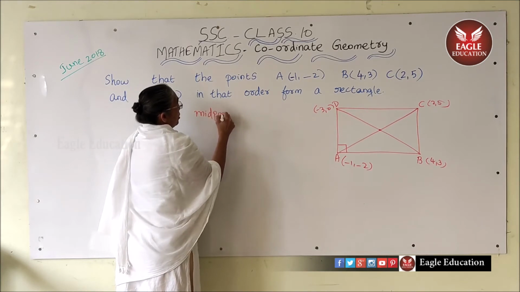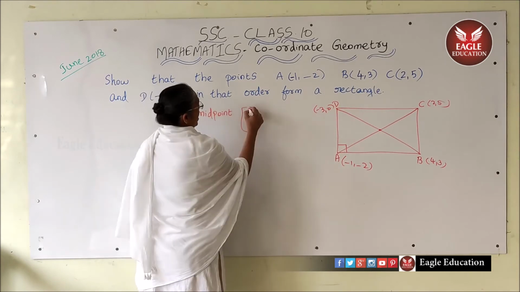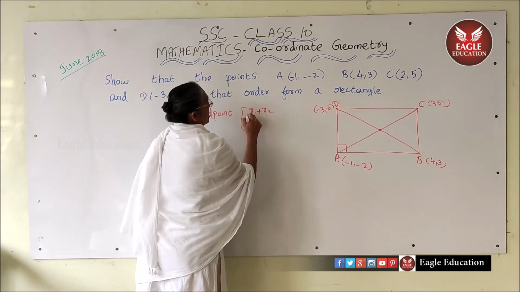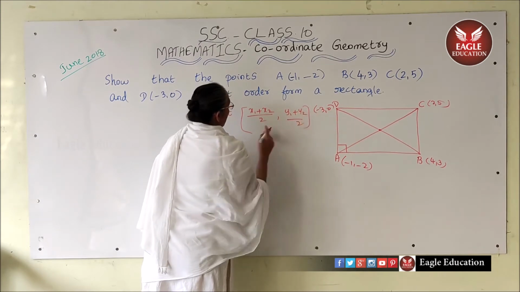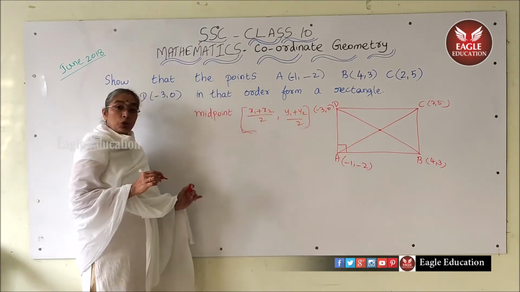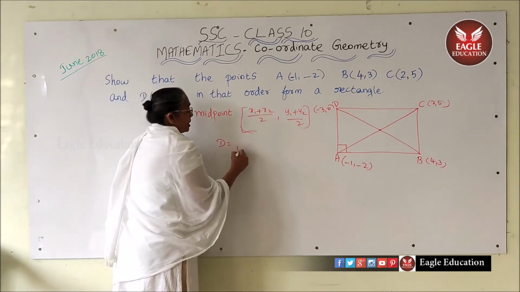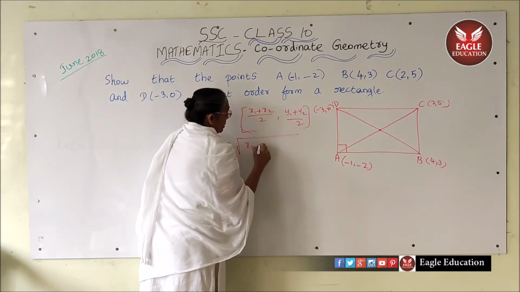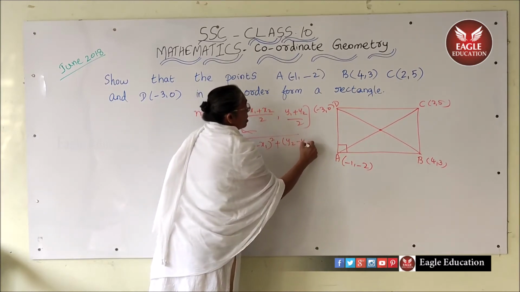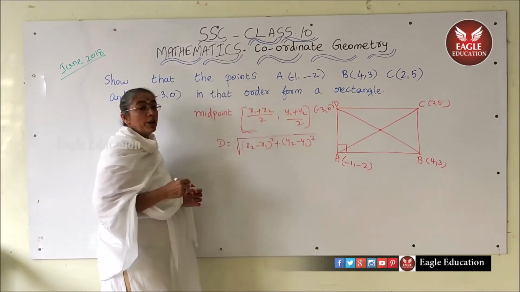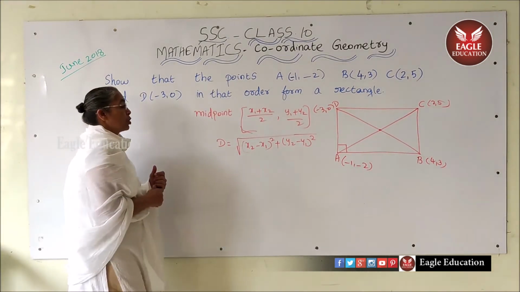The midpoint of a line segment joining 2 points x1, y1 and x2, y2 is given by x1 plus x2 by 2, y1 plus y2 by 2. Next, to prove diagonals are equal in length, we have to use the distance formula, which we discussed in the previous sum: root over x2 minus x1 whole square plus y2 minus y1 whole square for the two given points x1, y1 and x2, y2.